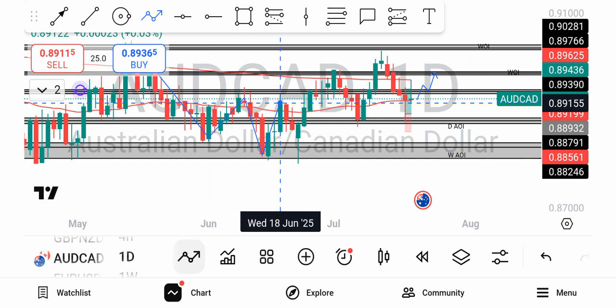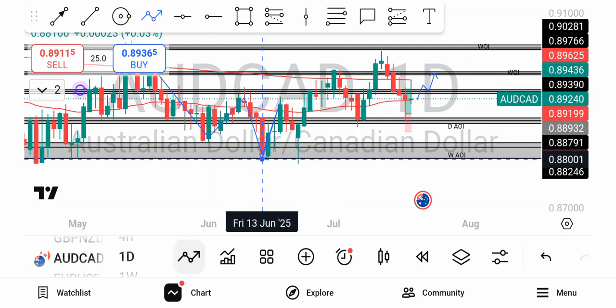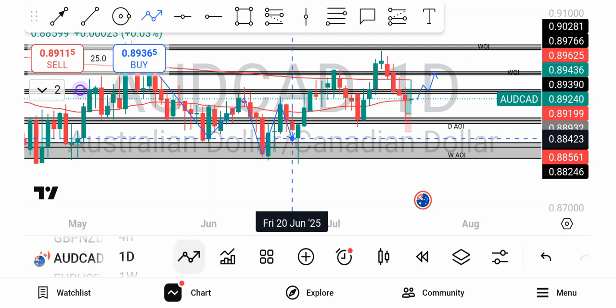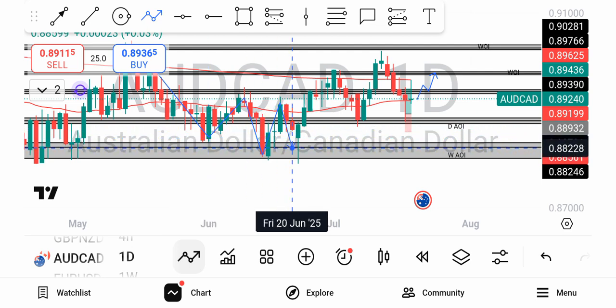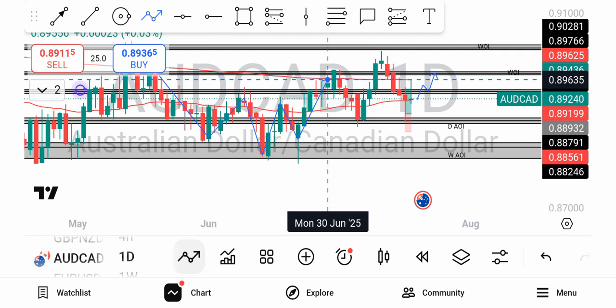It's not a high yet because it did not break this zone. Created that lower high, came back up. Instead of breaking this lower low, it created a new lower high, signaling a bullish head and shoulders.